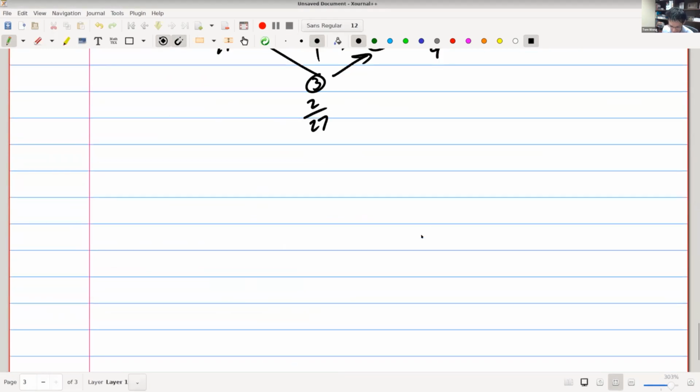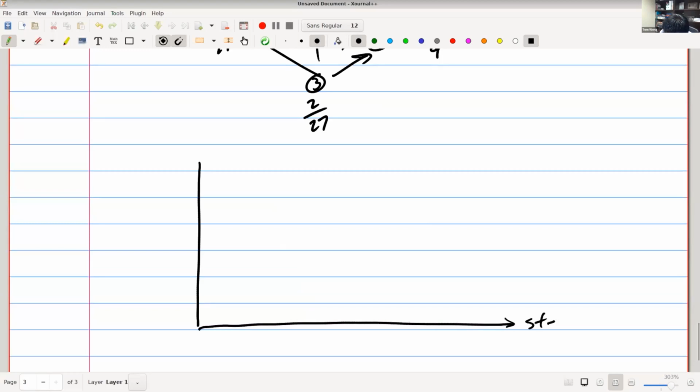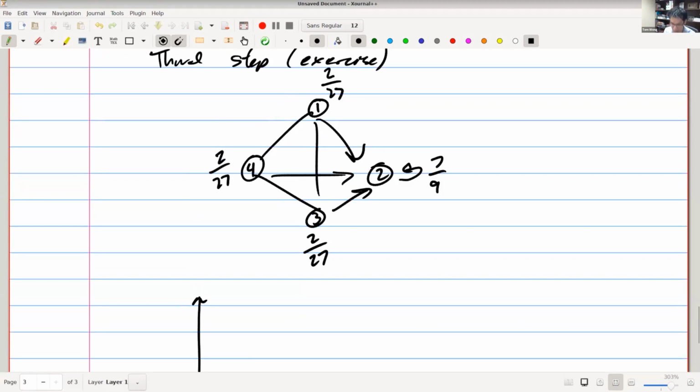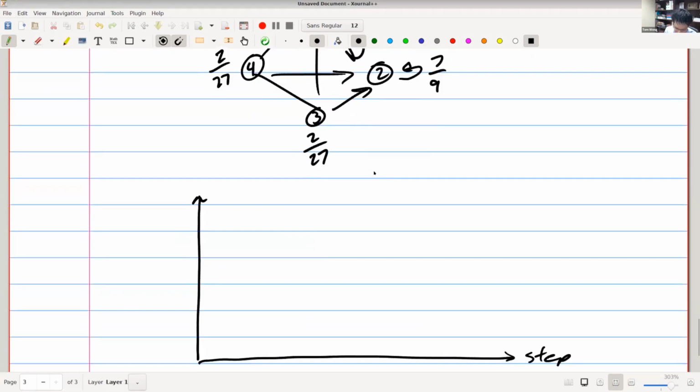All right, so let me go ahead and plot how the probability at the marked vertex is changing with the number of steps. The probability at the marked vertex is basically our success probability, the probability that we'll successfully find the marked vertex.